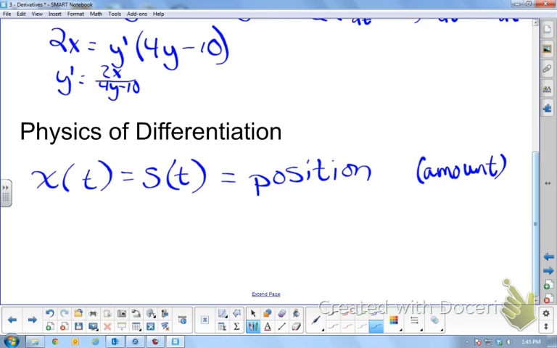So Ben, what happened when we took the derivative of position? Acceleration? Close. Too far. Velocity. Okay. Velocity was the derivative of position. Just took it too far.